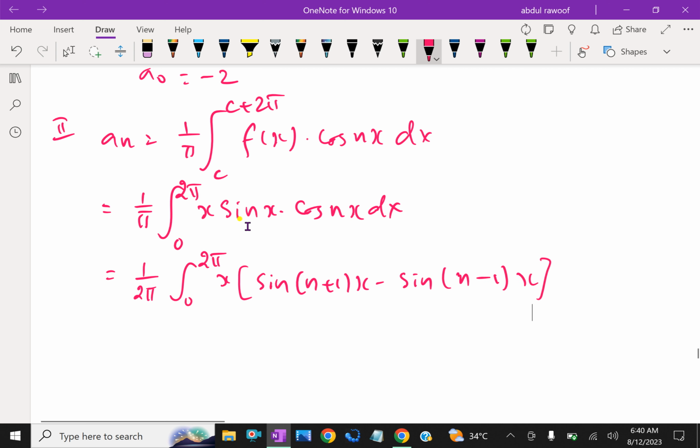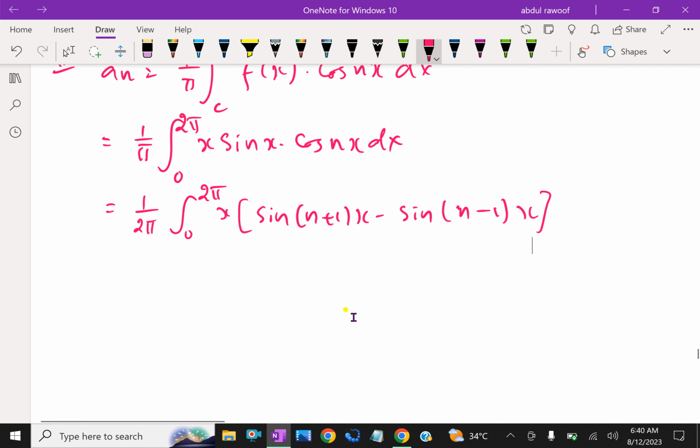That means the product of sin x and cos nx is the subtraction of sin of n plus 1 x minus sin of n minus 1 x. Product becomes subtraction here.